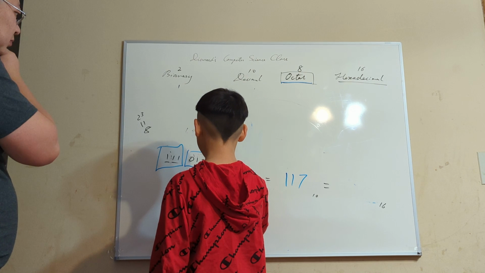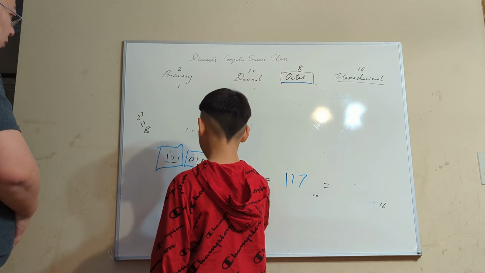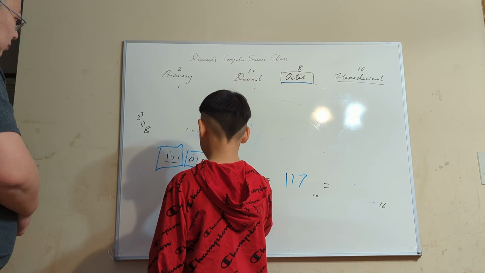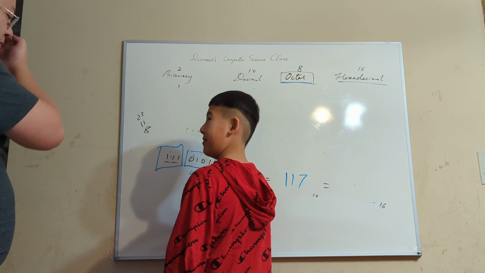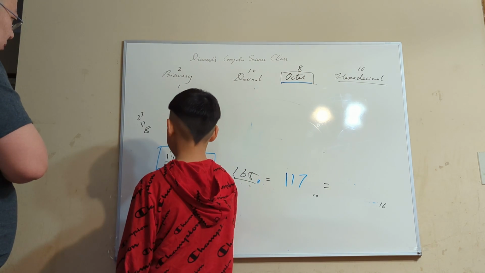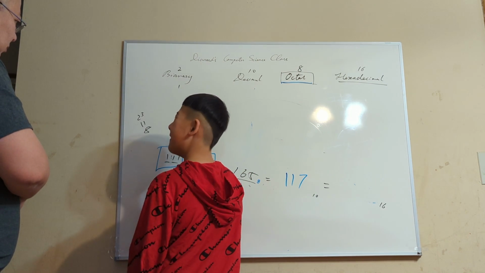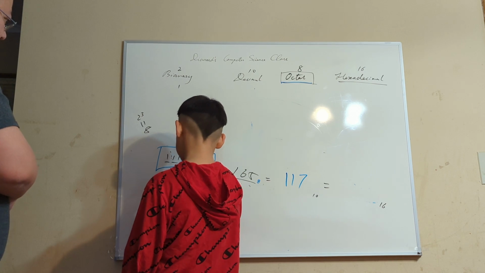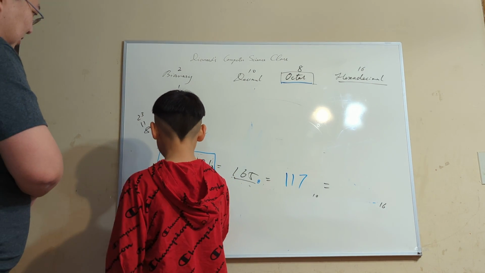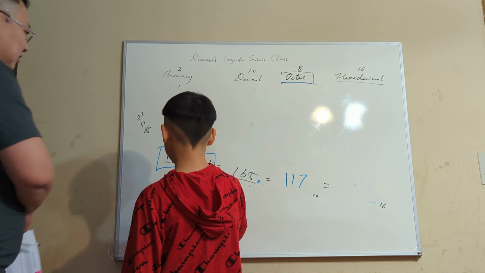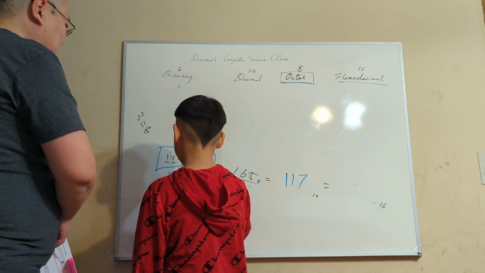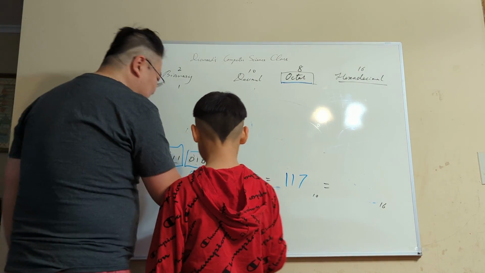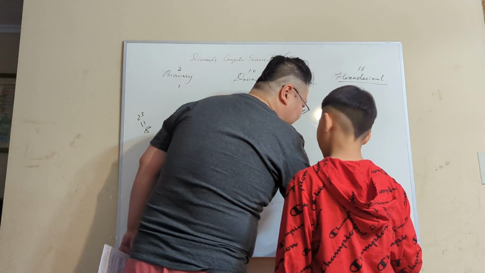This is a 5, power of 0, so this is just 5, and this is a 7. You don't need to write anything else here. So the answer is 75.